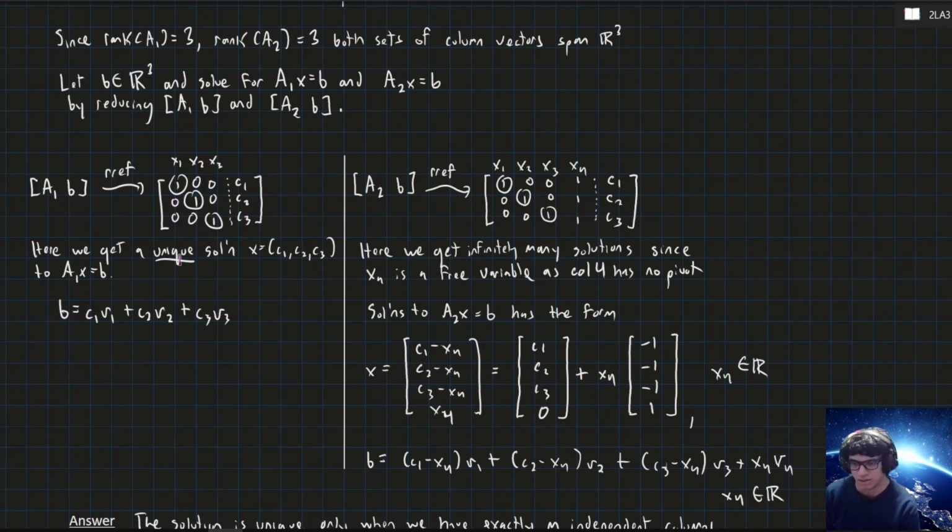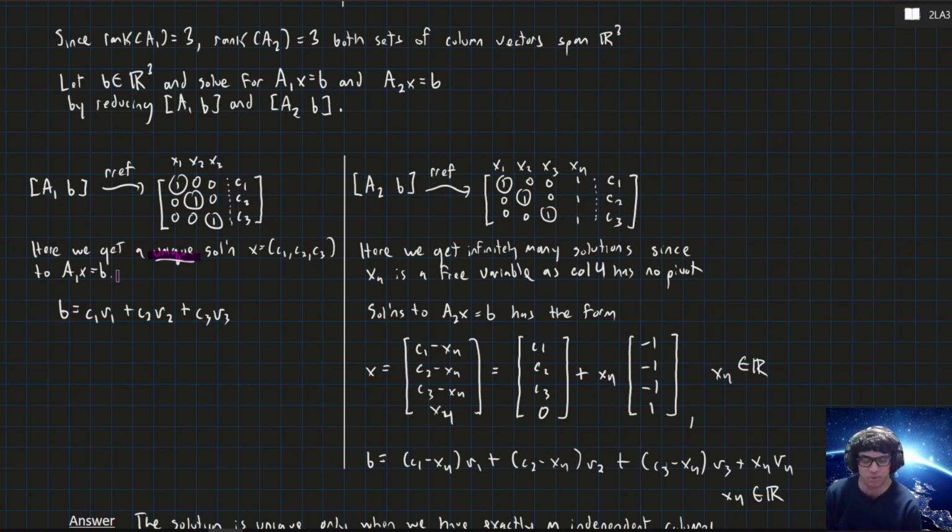And so here we have a unique solution. Why? Because each column associated to a variable has a pivot in it, and there are no columns without pivots. That means we have a unique solution.